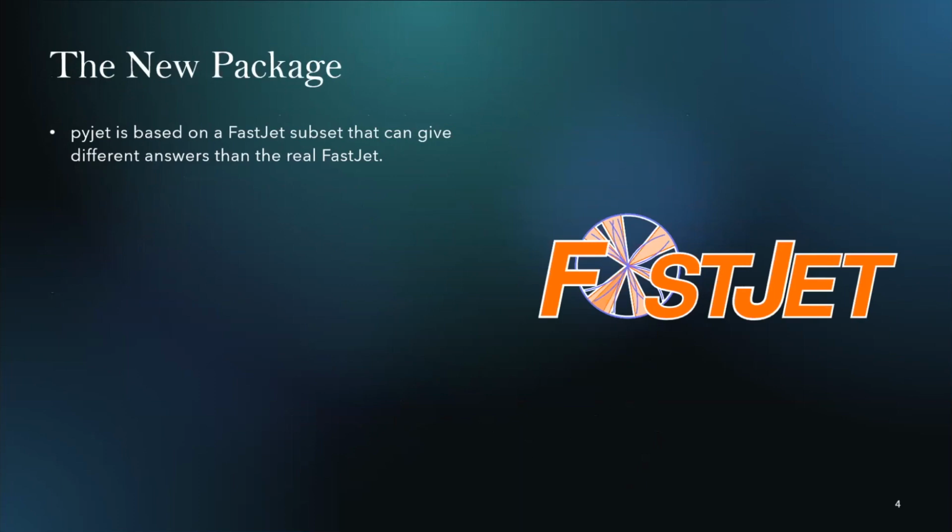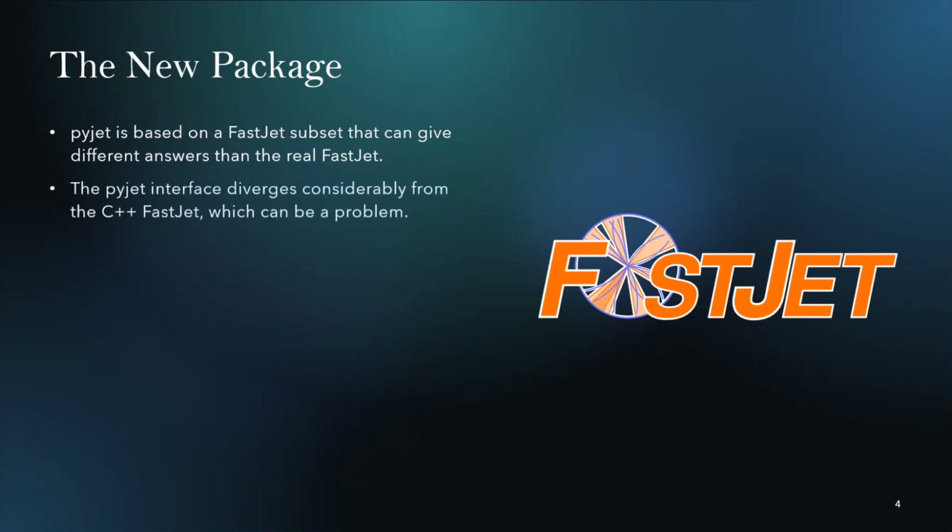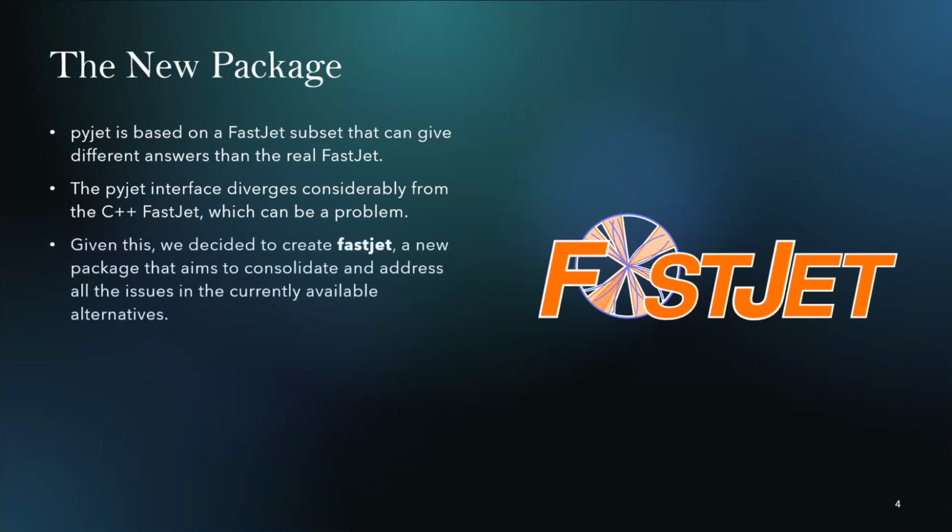PyJet also has other problems. One of them is that it's based on a fastjet subset, which means that it can give different answers than the real fastjet. Also, the PyJet interface diverges considerably from the C++ interface, which can be a problem because it sets a new standard. So given all this information, we decided to create, well, fastjet.